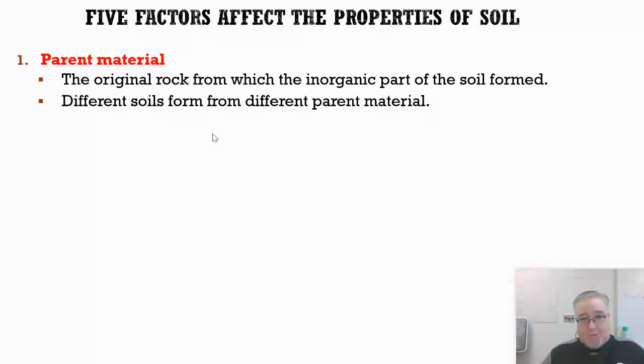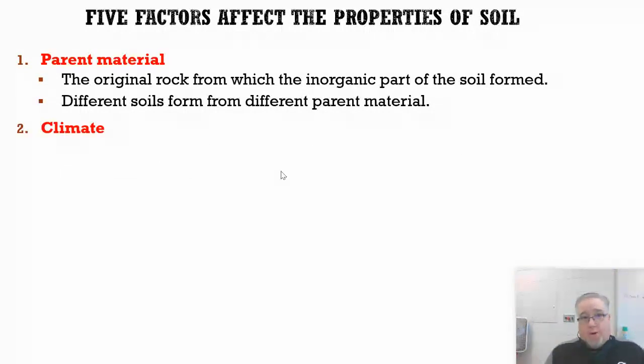You've got igneous rock and metamorphic rock and sedimentary rock, and even amongst those, you've got different types of rock. We're not going to get into all that, but because there are different types of rock, you can get different types of soils from that rock. Hopefully that makes sense to you.